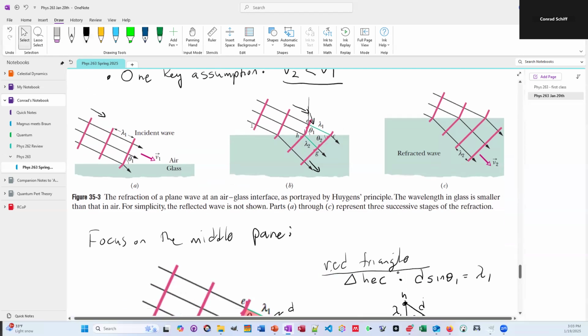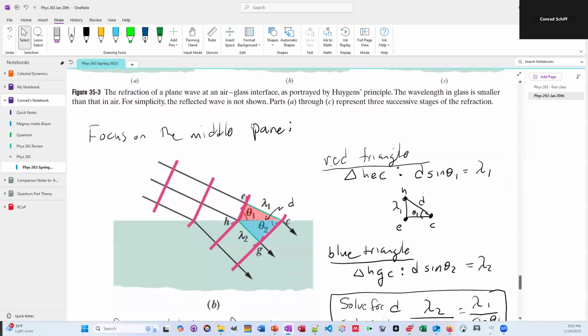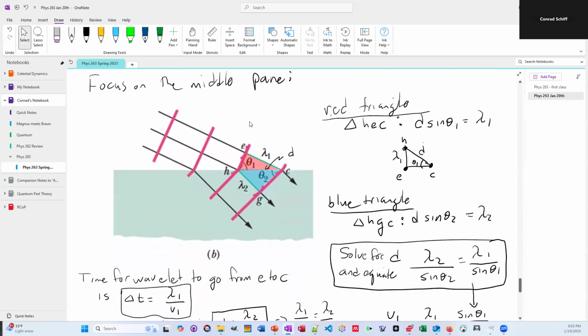Now, in order to prove Snell's law, we're going to focus in on this middle plane. And there are two triangles to pay attention to. There's the triangle from H to E to C. And if you take a look at that and redraw it so that it's not sort of laying on its side, you'll quickly come to conclude that D, which is the common distance between H and C, D sine theta 1 is equal to lambda 1.